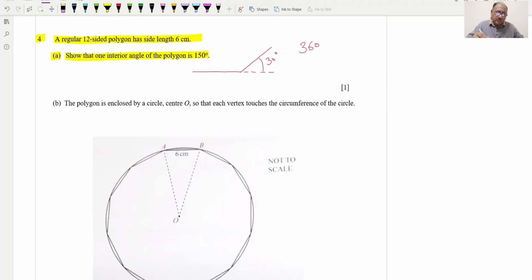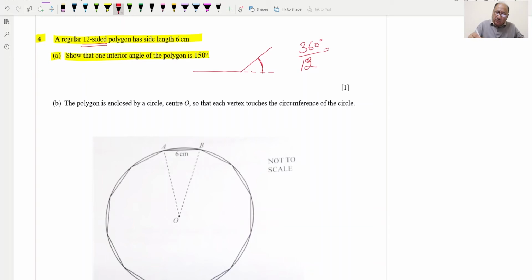You will have to start from here, from the fact that there are 12 sides. So we will start with 360 and say that the sum of exterior angles is 360. So it means that this will be divided by 12 because it is 12-sided.